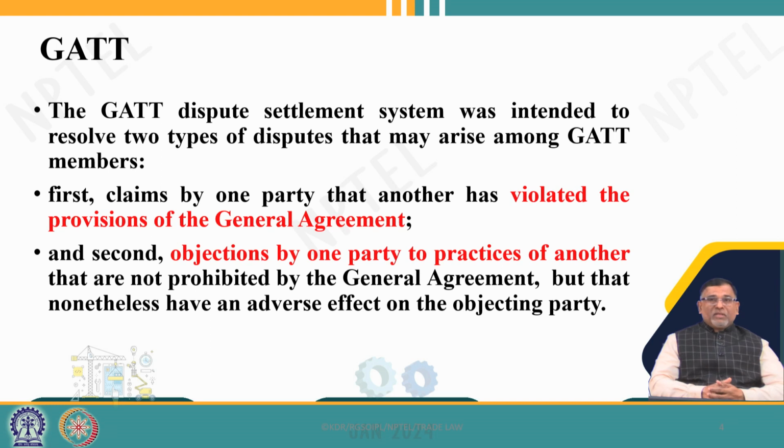And second, if any GATT party objected to the practices of another member which were against the GATT agreement, or had an adverse effect on the objecting party or the other member, then also they can approach the GATT Council with this dispute, and the GATT Council will look into it. We will see what procedures and mechanisms were adopted by the GATT Council at that point of time for the dispute resolution mechanism.